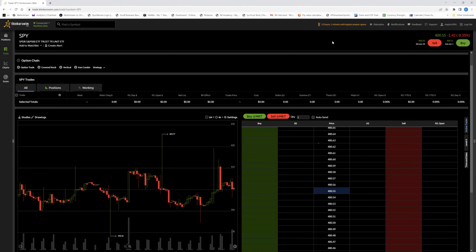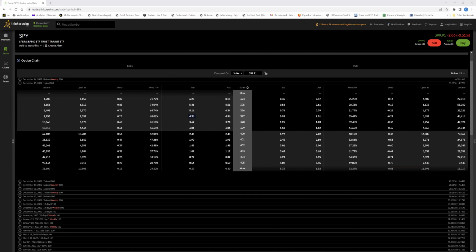All right. So, for in the money and out of the money. When we say in the money, that means the market is currently at the price that you're trying to get in at. Typically, if it's in the money, this gray shaded area, if it's a call, it's here.